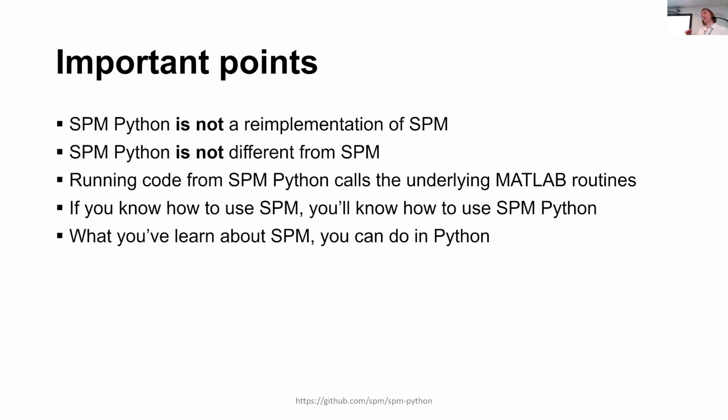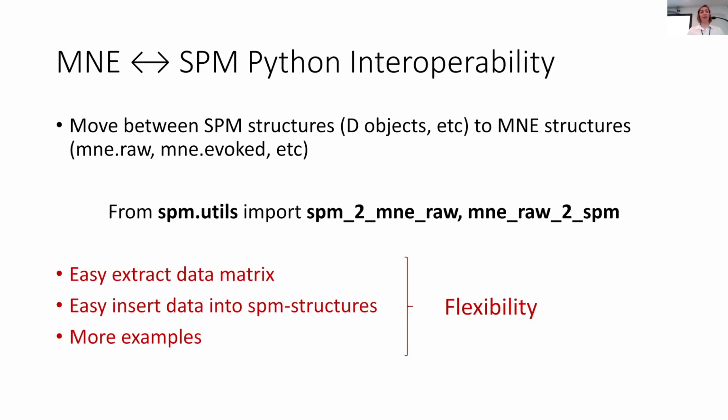And I think on this level, it's a package that is available in Python, but it's a bit of a closed system. It's like you're coding in Python to code in MATLAB. So the big direction in SPM Python that we've already started working on is SPM to MNE interoperability, where you can move data between SPM and MNE to use both software packages.